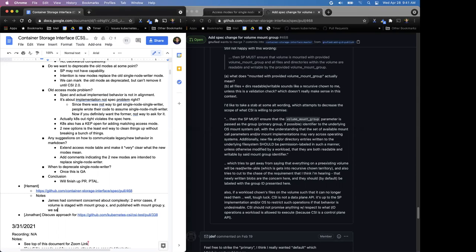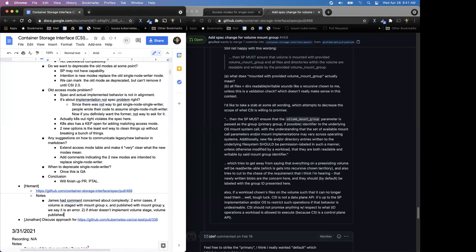There's one row for that, and there's a second row. Maybe the driver doesn't implement volume stage at all, and the volume is being published with different mount groups, and the driver did not support node publish with different mount groups. So there's another row for that one, and we return a failed precondition.